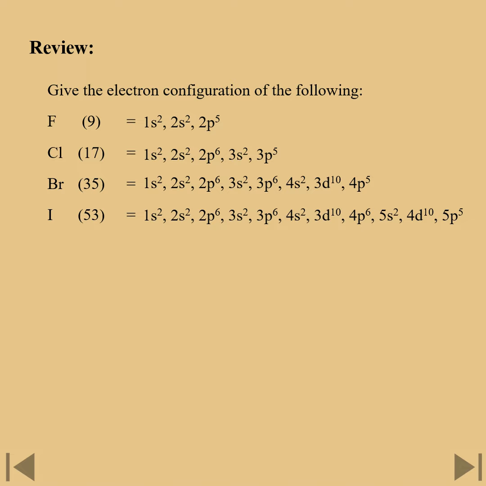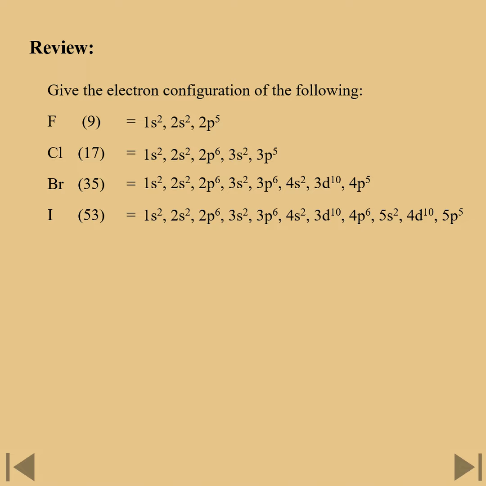Now I hope that you notice that what these four elements have in common is they're all the halogens. They're all group 7A elements. And they all are part of the same group, the same family, and they react very similarly. And we can see why, because they all have 5 electrons in that last p subshell.